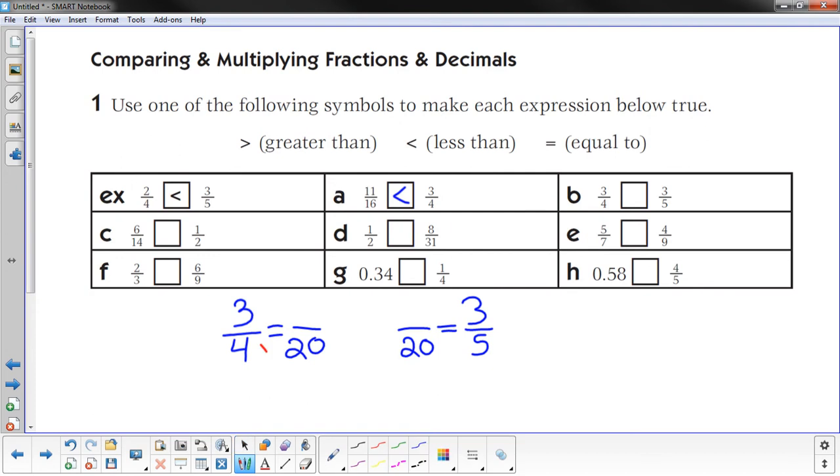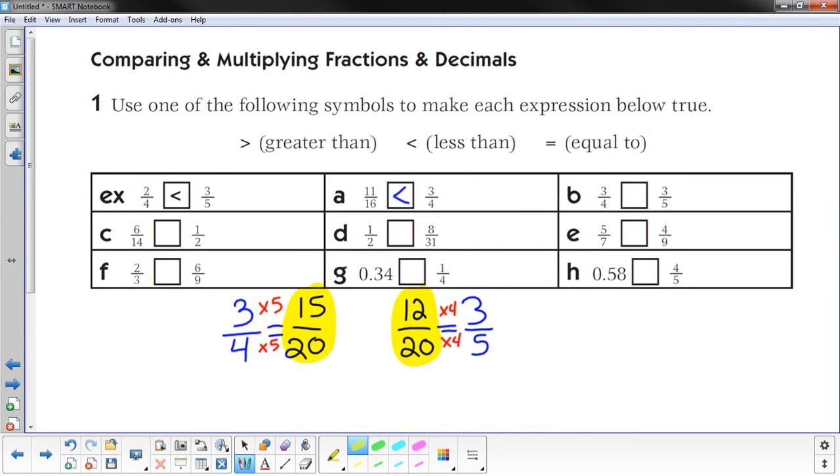Well, 4 times 5 is 20, so 3 times 5, that's 15. Well, 5 times 4 is 20, so 3 times 4 is 12. And now, that's what I want to compare. I want to compare the equivalent fractions that I made.